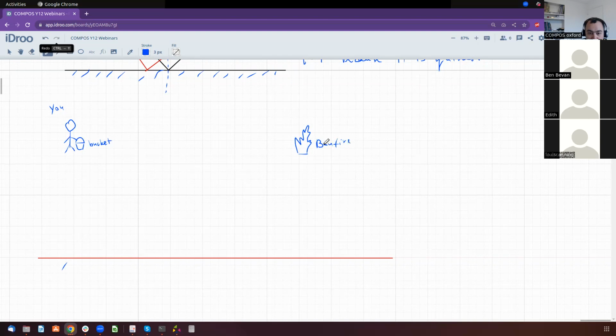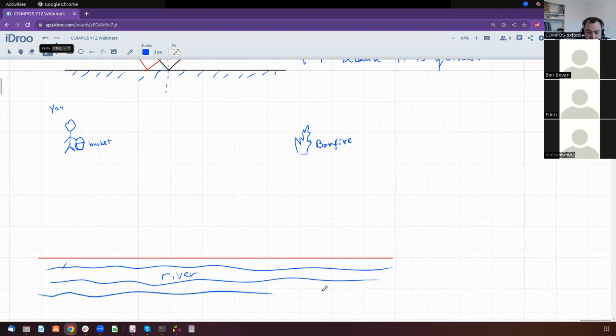It's about to, if you leave it, it will light up the trees, and the trees will light up the forest. It's going to be a problem. So you need to put away the fire. You need to put water onto the fire. Okay. And this is a river. So you need to get some water from the river, and you need to put out the fire. Yes, put out, that's the word.